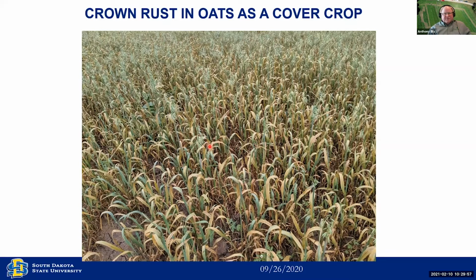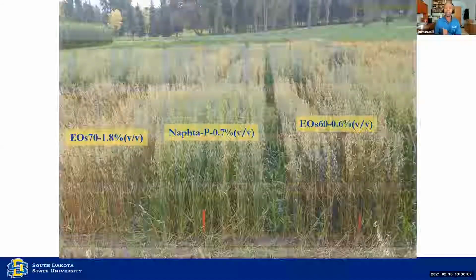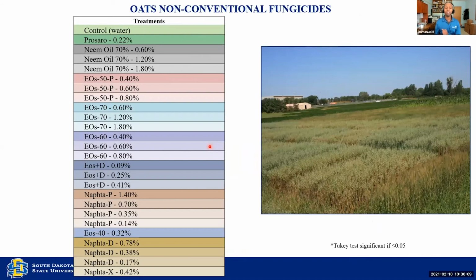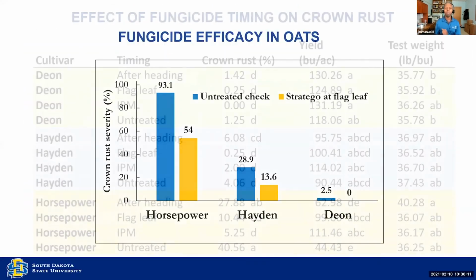Any management to prevent crown rust besides varieties or fungicides, an example would be no-till, rotation, or other diversity? Well, the only other way I see is, if you can, to eliminate the buckthorns. Because as I mentioned, buckthorns are very abundant and they are the source of the inoculum.